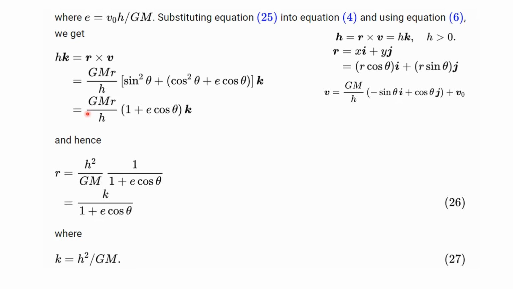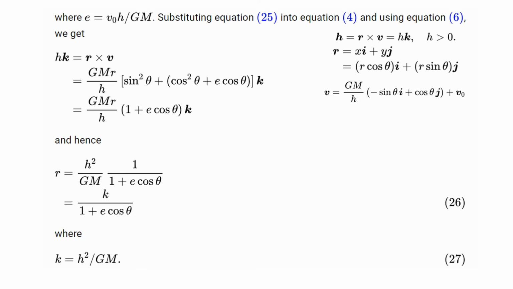And so I had this: HK is equal to GMR over H, 1 plus E cosine theta times K. And now I'm going to solve this for R. Now notice that both sides are just vectors K, so I'm going to have that H is equal to this coefficient, and I'm solving for R. So solving for R, I get R is equal to this. And if I call this constant K, I have K over 1 plus E cosine theta.